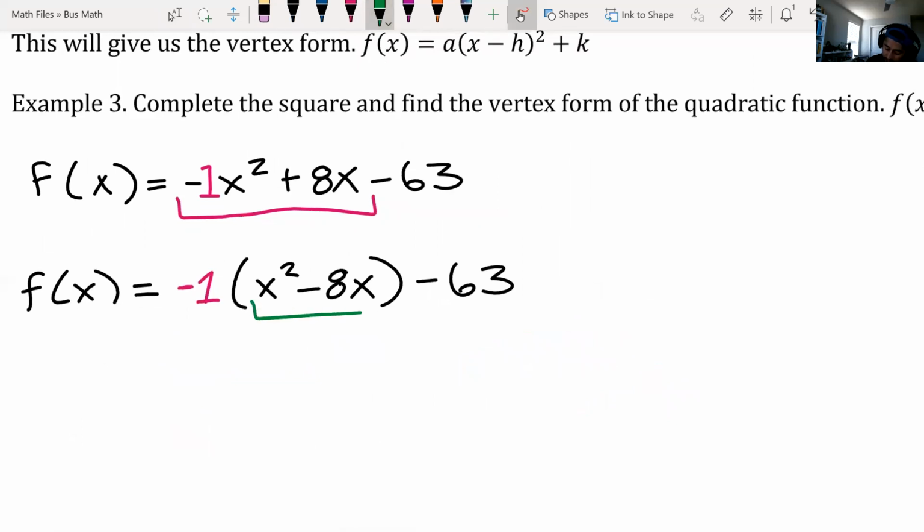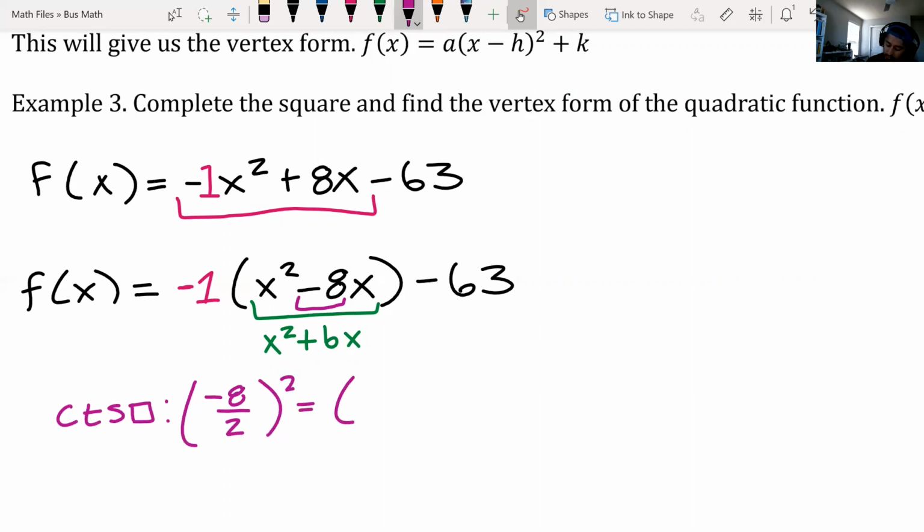And when I say proper form, this looks like x squared plus bx, which means from this step, we are ready to complete the square. CTS, we're going to take half of the middle term's coefficient, -8/2, and square it. Reduce to -4 squared, and we get 16.